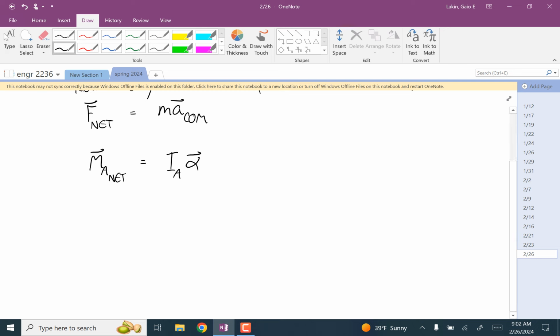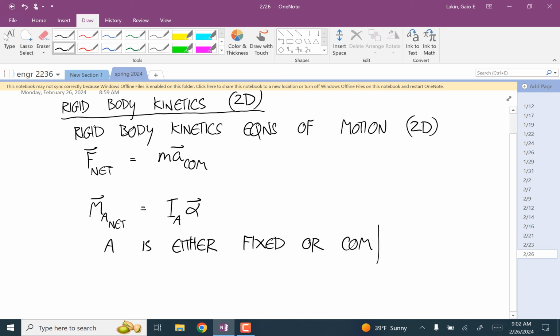And this A has to be either fixed or the body's center of mass. If the body doesn't have a point that's fixed to the coordinate system, then you have to use the center of mass.